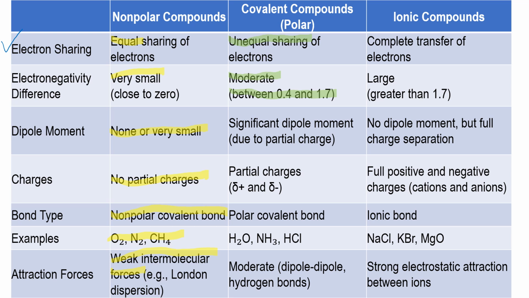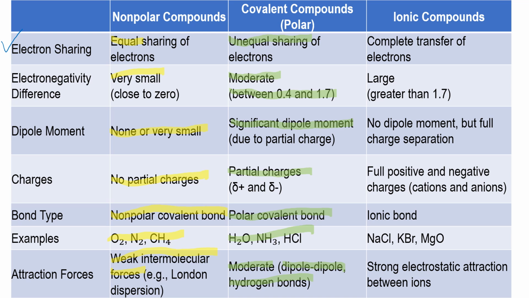This moderate electronegativity difference means that you have a significant dipole moment and it has partial charges. And the bond type here is a polar covalent bond. Typical examples, we have your water, your ammonia, and hydrochloric acid. So our attraction forces here are moderate. We have dipole-dipole and hydrogen bonds.